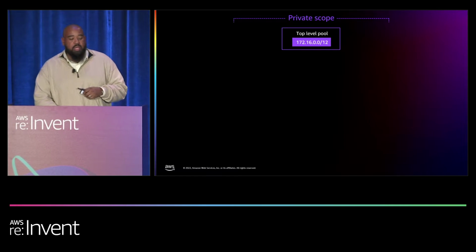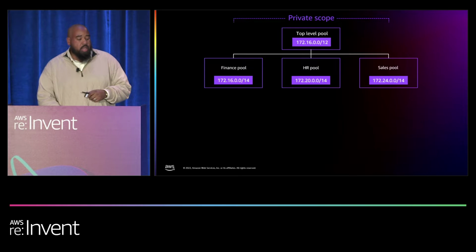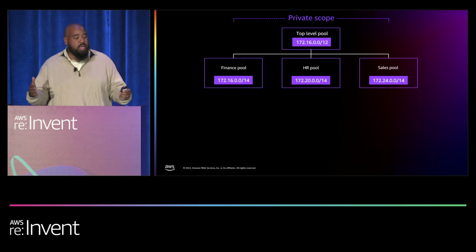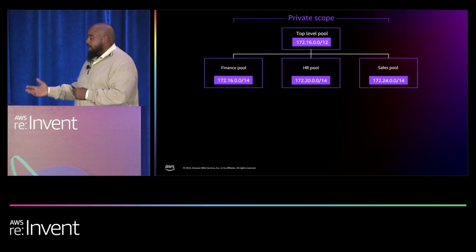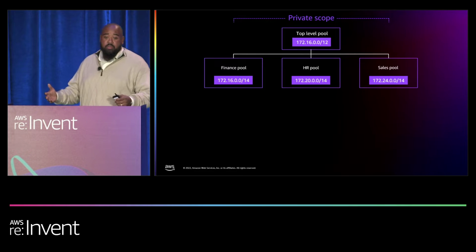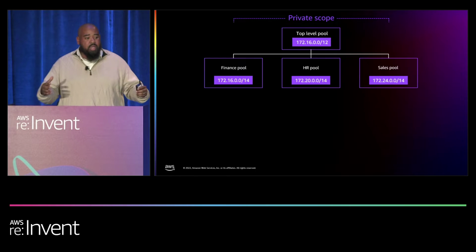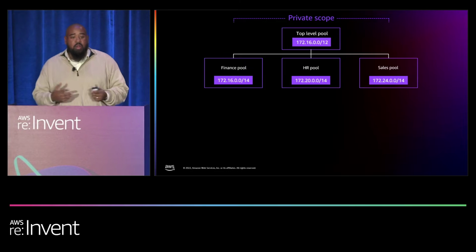Here we have a /12, and then you subdivide that top-level pool into department-level pools, depending on how you want to design this. In our example, in the real-world solution that Ankit will use, we're actually using the department-level pool to control and influence routing across our regions, which gives us that global routing for all of our departments across AWS.